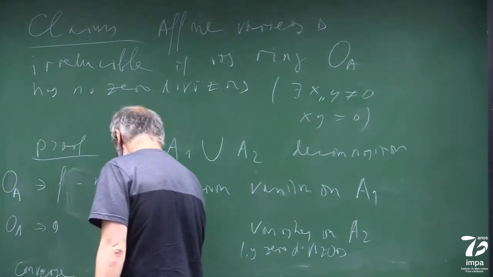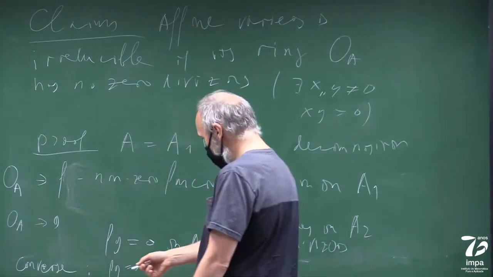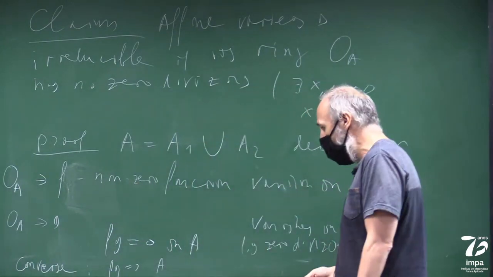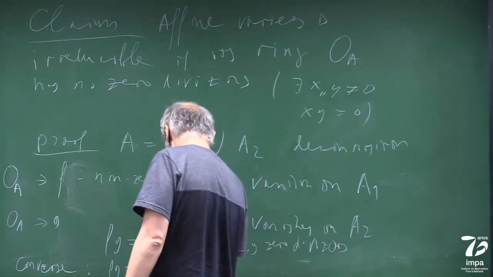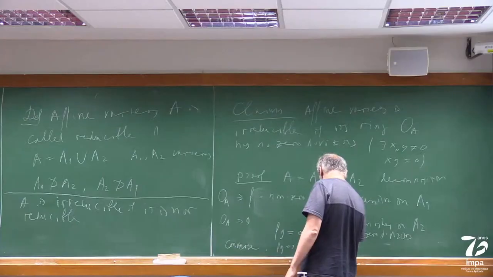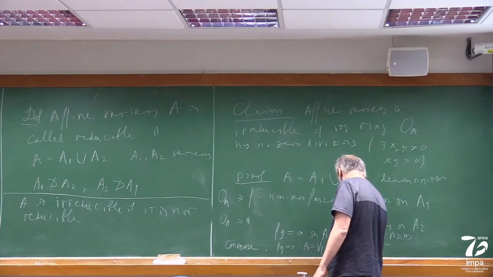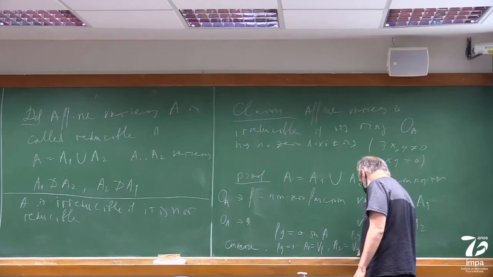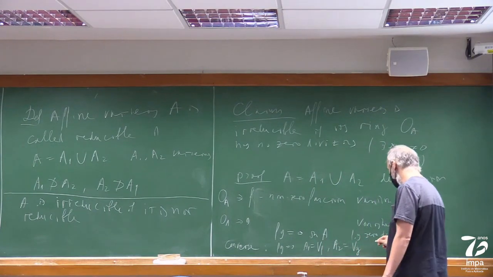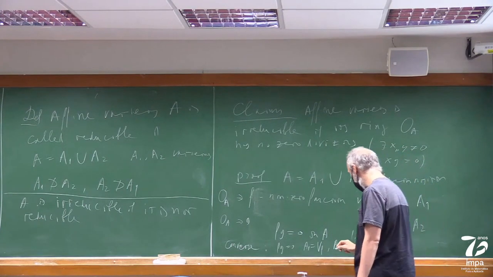So you have fg equal to 0, with f and g nonzero functions. We define A1 as the zero set of f and A2 as the zero set of g, intersected with A, of course.